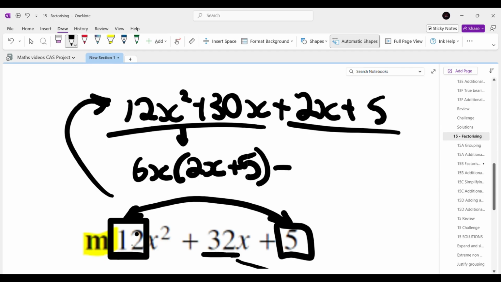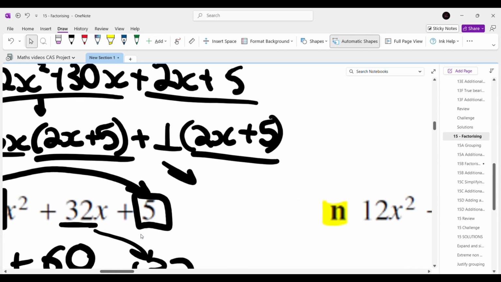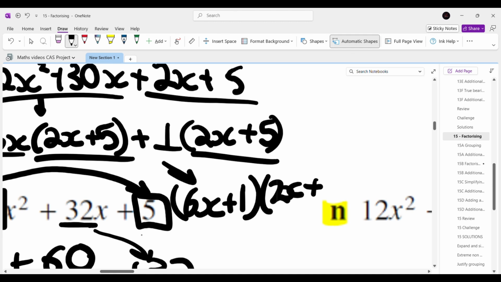And then out of here, we can just take 1, because we've got 2x plus 5. And look, now we have two sets of 2x plus 5, and we've got 6x plus 1. So our factorization here is just 6x plus 1 times 2x plus 5.